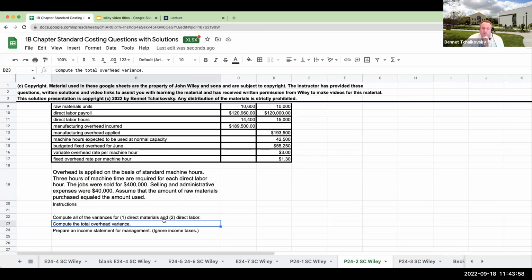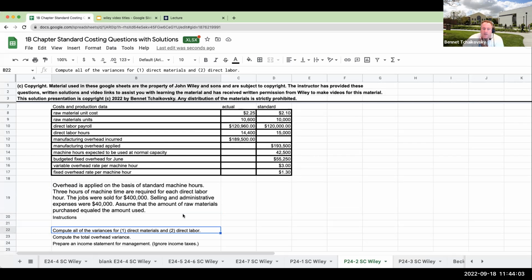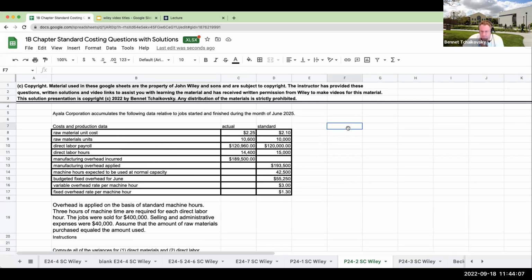They want us to compute variances for materials and labor, and then also compute the overall overhead variance. So when we're doing direct materials, the first thing I'm going to do is compare what I actually spent, my actual quantity times my actual price, to my standard quantity times my standard price.